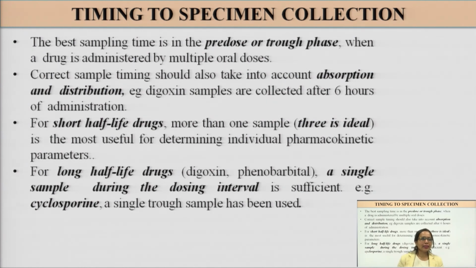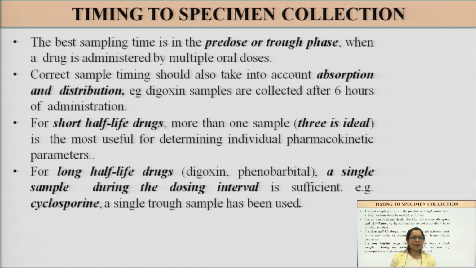The best sampling time is the pre-dose or trough phase when a drug is administered by multiple oral doses. The correct sample time should also take into account absorption and distribution, like digoxin samples, which are collected after 6 hours of administration. After 6 hours the absorption and distribution is totally done, so we are taking it then.